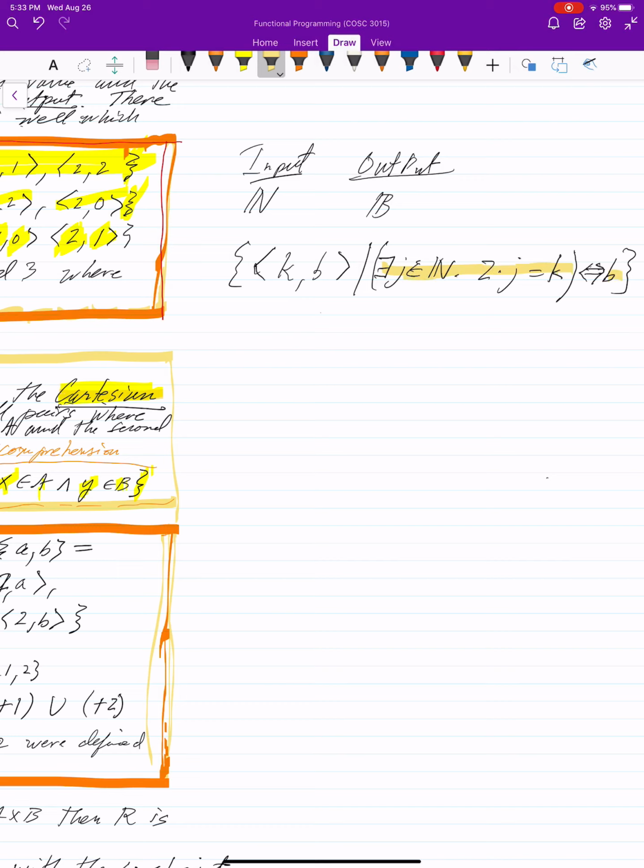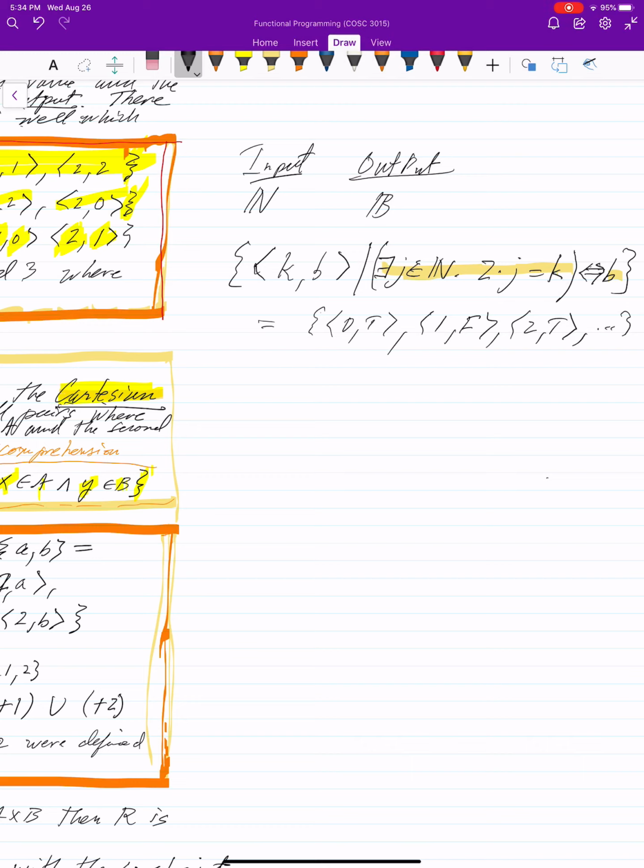And this would give me back the function. What is this set of pairs going to look like? It's going to look something like ⟨0, true⟩, ⟨1, false⟩, ⟨2, true⟩, and it goes on forever. So there's an example of a function that takes an input, which is a natural number, and gives an output, which is a Boolean.